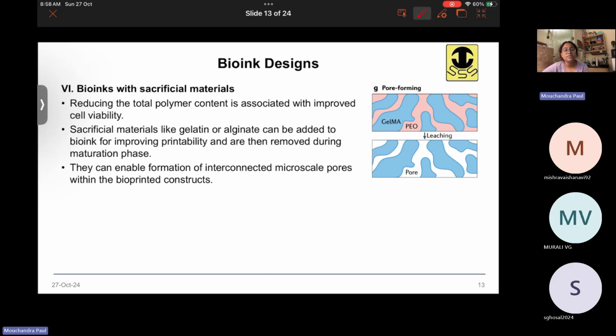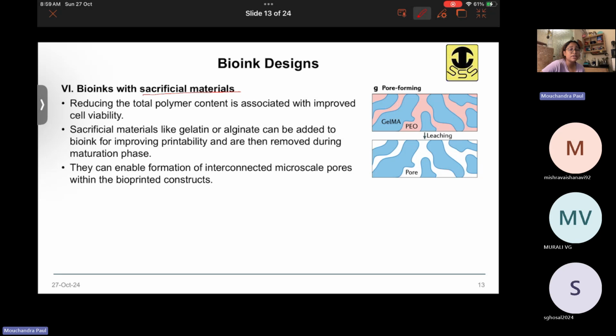Then you can use bioinks with sacrificial materials. Okay. As I told you, the printability of a bioink is very important. And in order to increase the printability, common sense says that you need to increase the viscosity of the bioink. To do that, you can either increase the concentration of the polymer you are working with, or you can use multiple components in it, right, in order to increase the overall viscosity.